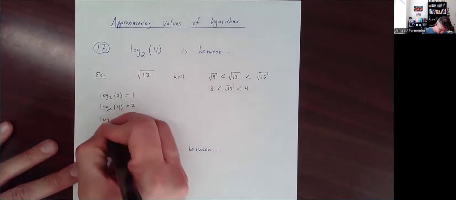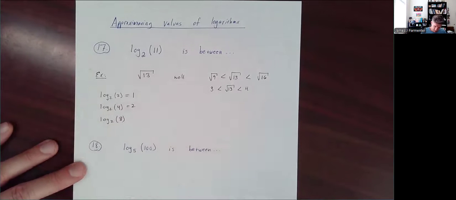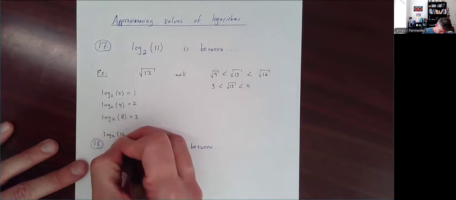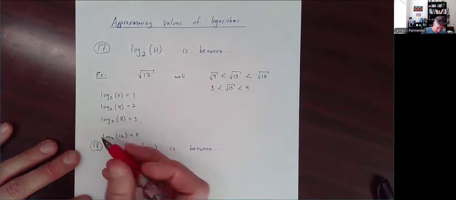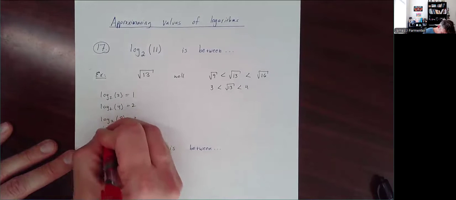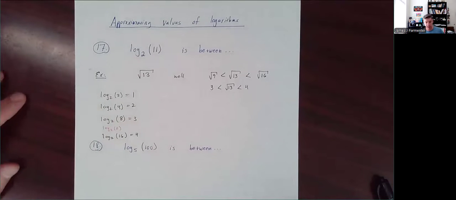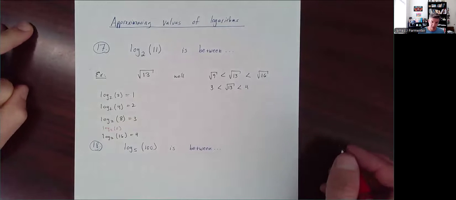And log base 2 of 2 to the third is equal to 3. And log base 2 of 2 to the fourth is equal to 4. And somewhere in between there is log base 2 of 11, right? 11 is between 8 and 16. So log base 2 of 11 is between log base 2 of 8 and log base 2 of 16.